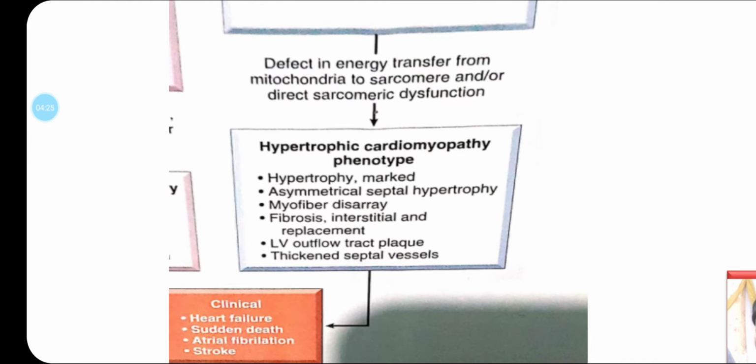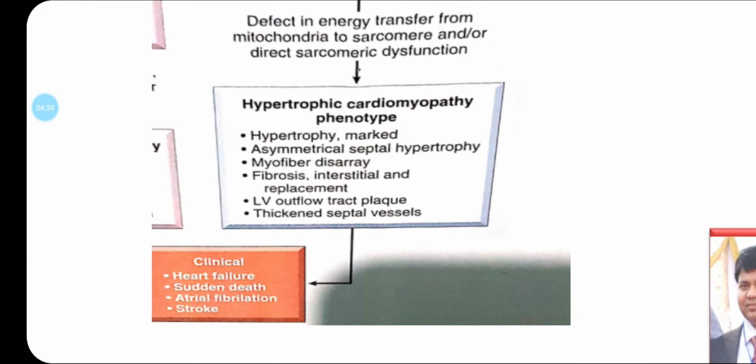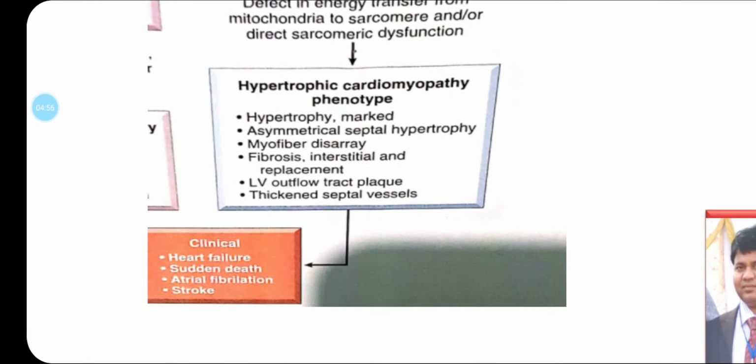Grossly we can see hypertrophy of the ventricles, and special to this is the asymmetrical septal hypertrophy, which is very characteristic of hypertrophic cardiomyopathy. Under the microscope, we can observe the disordered arrangement of the myofibers, called myofiber disarray.